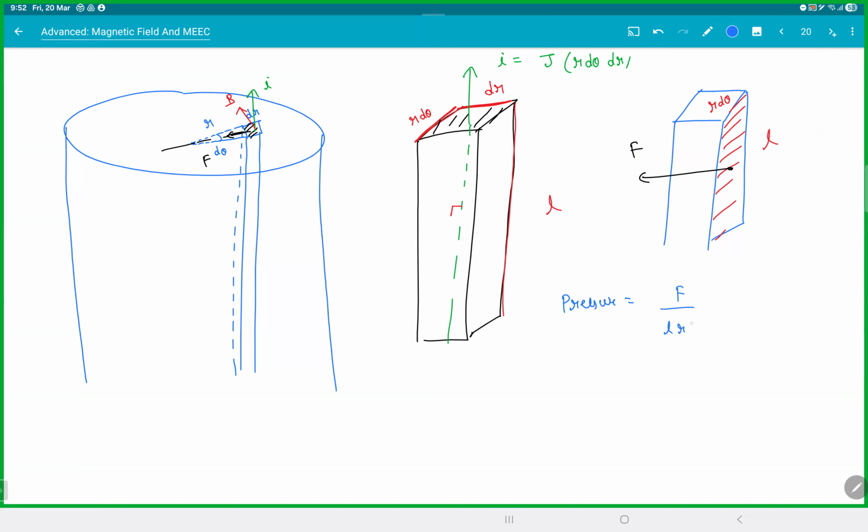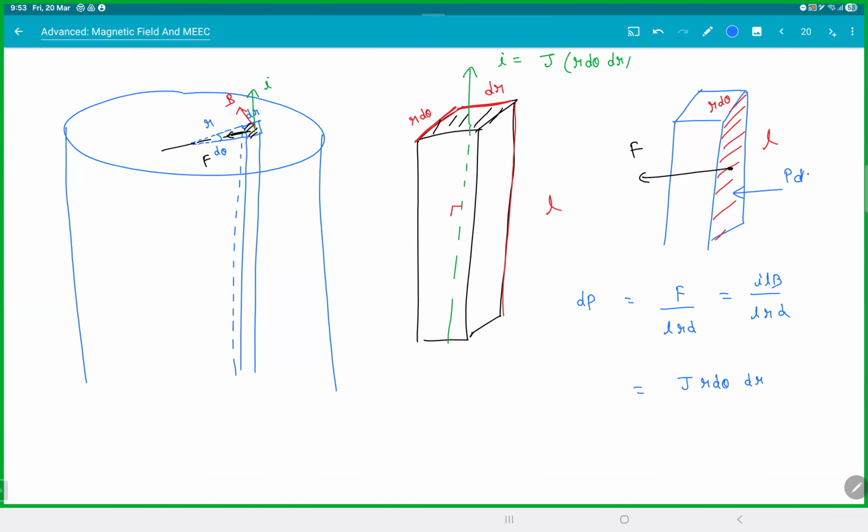Force is L r d theta, and force is nothing but ILB. L, L will cancel. I will be J r d theta into dr. Sorry, this will be dP. Yeah? This will be the change in pressure. That's a small change in pressure on that side.